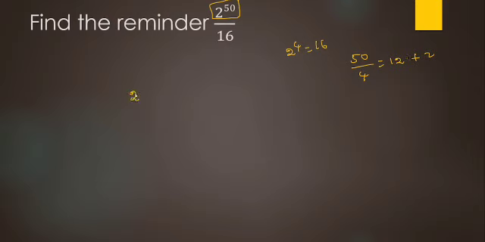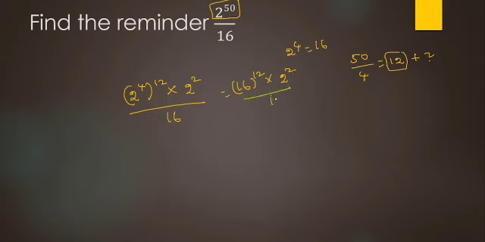So 2 to the power of 4, with quotient 12, into the other 2 that is remaining: 2 to the power of 2, divided by 16. Now it can be written as 16 to the power of 12 into 2 squared, divided by 16.